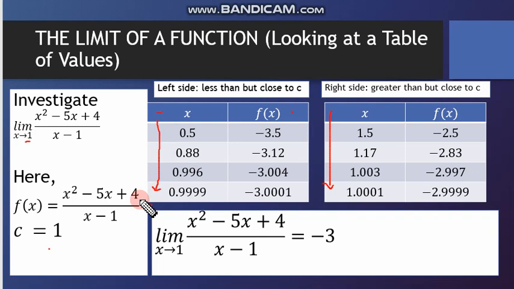Using the function x squared minus 5x plus 4 all over x minus 1, we will substitute 0.5 for x. Our result is negative 3.5. Next is 0.88. The result is negative 3.12, and so on. At the right side, we will get the value of f of x using the x values here.